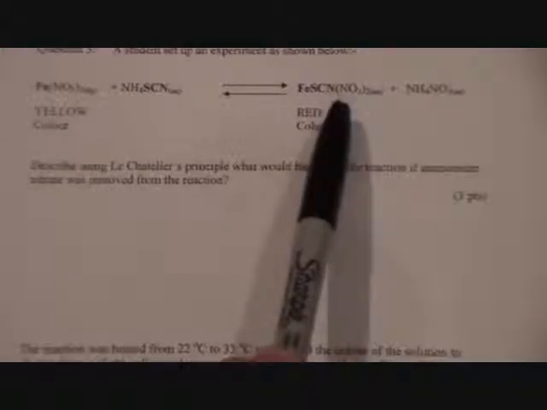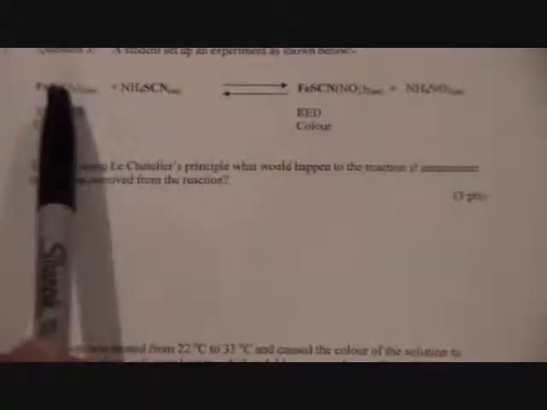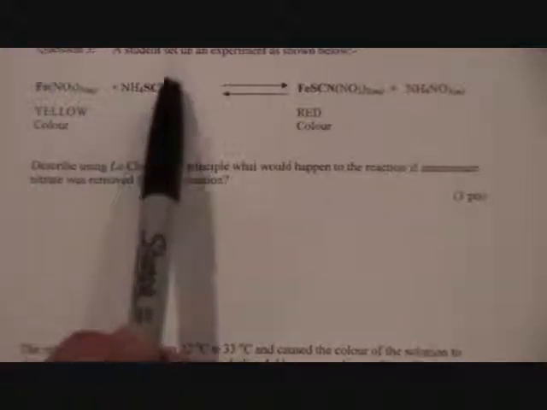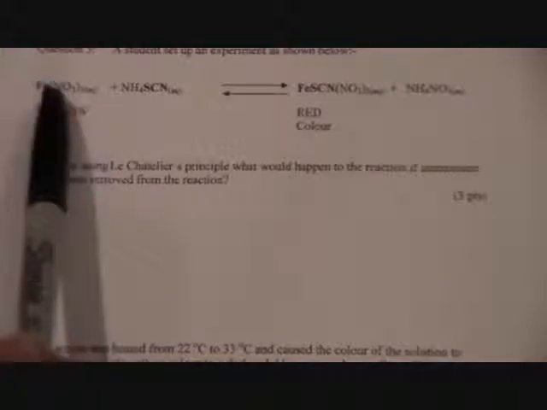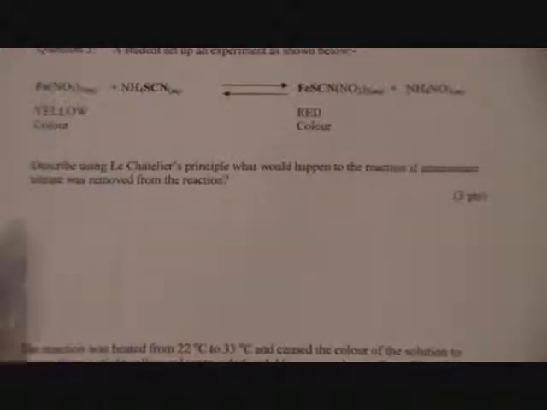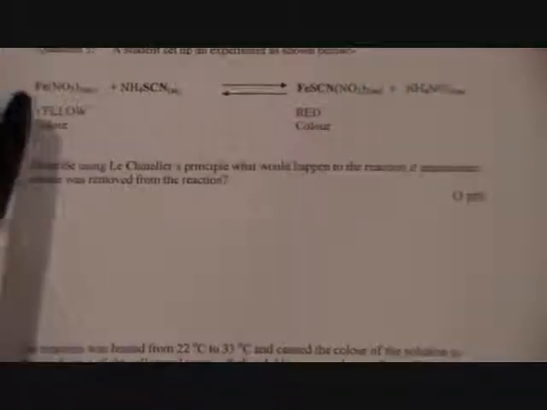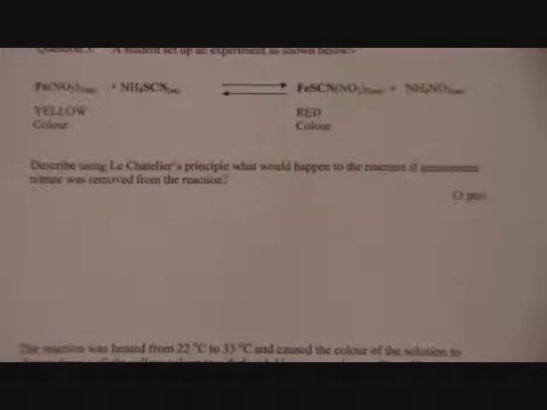The back reaction, which unravels this complex and turns it back into the iron nitrate and ammonium thiocyanate, as the back reaction becomes dominant, we produce more of the iron nitrate, and that's yellow in colour. So a dominant back reaction producing more of the iron nitrate would produce a stronger yellow colour in the solution.